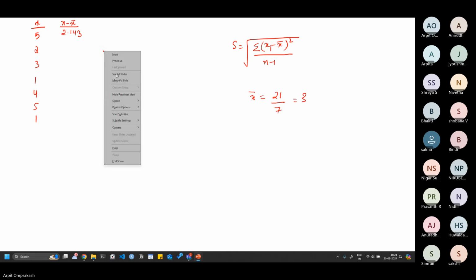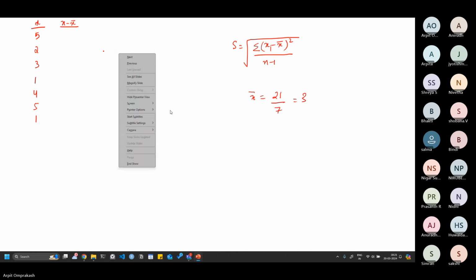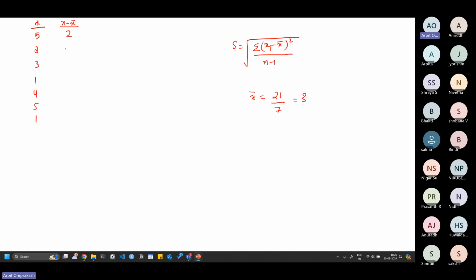So 5 minus 3 is basically 2. 2 minus 3 is minus 1. 3 minus 3 is 0, 1 minus 3 is minus 2, 4 minus 3 is 1, 5 minus 3 is 2, 1 minus 3 is minus 2. Then we need x minus x bar square. This is 4, 1, 0, 4, 1, 4, 4.